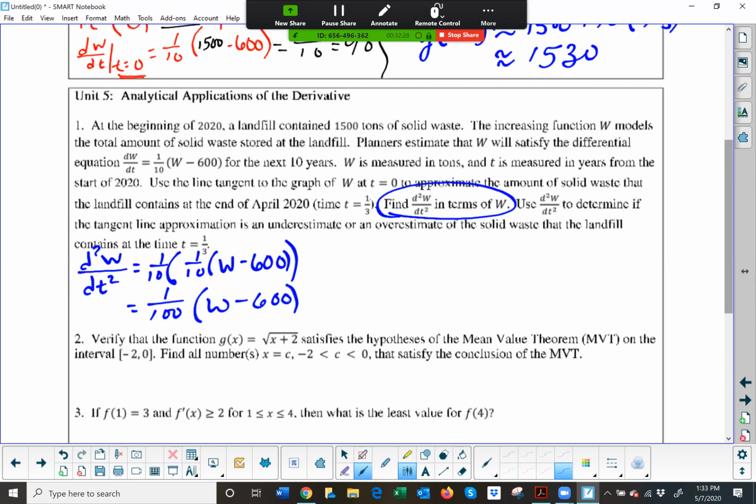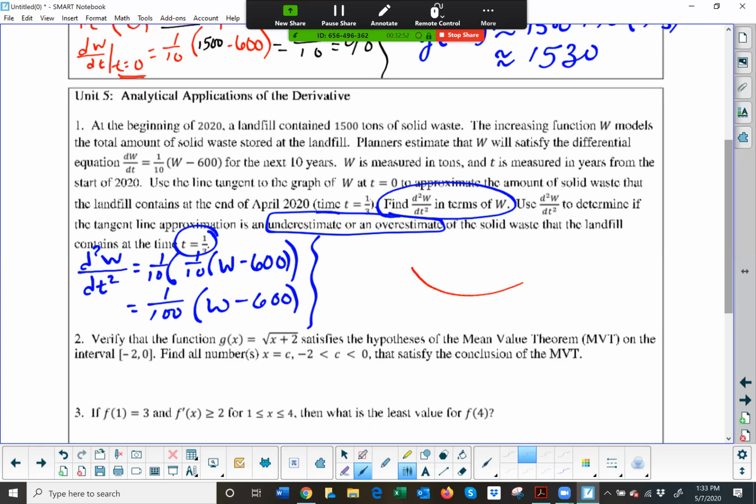Use the second derivative to determine if the tangent line approximation is an under or overestimation of the landfill at time t equals 1/3. How do I figure out if a tangent line is over or underestimating?